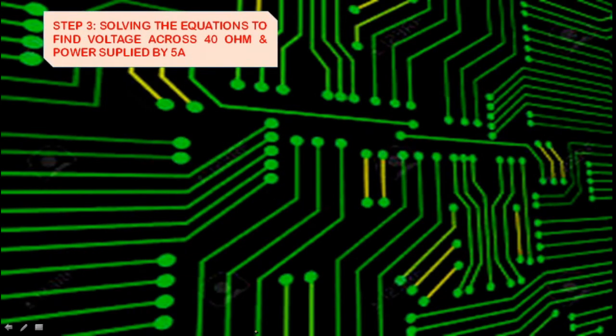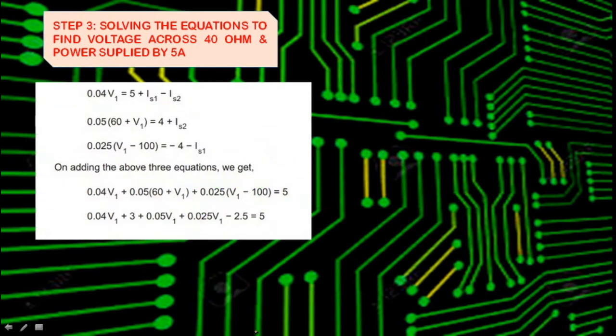Now moving on to the next step, we are going to solve the equations and find the voltage and the power supplied. So we have written all the three equations here from the matrix. Here IS2 gets cancelled out. IS1 gets cancelled out once we add all the above three equations.